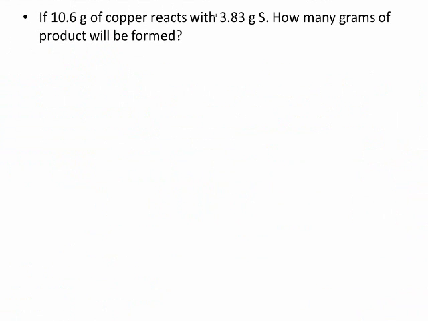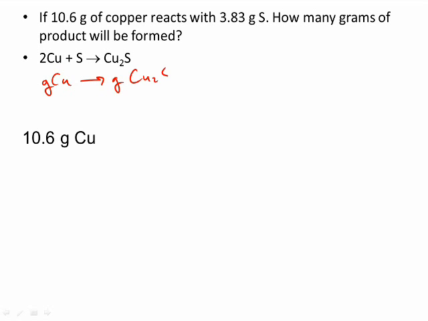Okay, let's try this other one. If we have 10.6 grams of copper reacting with 3.83 grams of sulfur, how many grams of product will be formed? Here's our equation. So let's start with 10.6 grams of copper. Again, we're just going to do stoichiometry problems: grams of copper to grams of copper sulfide, then grams of sulfur to grams of copper sulfide.